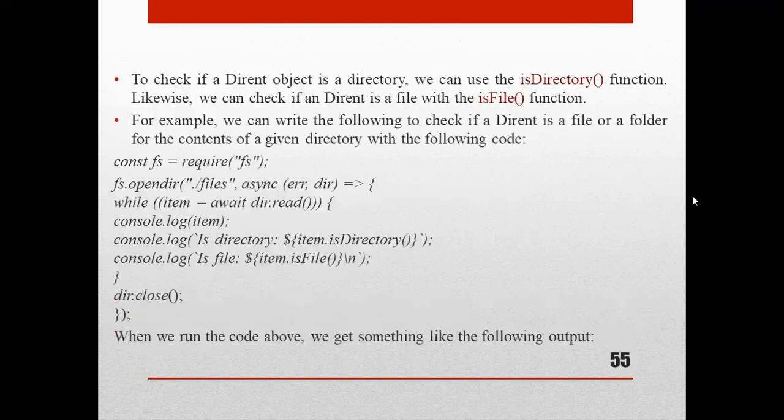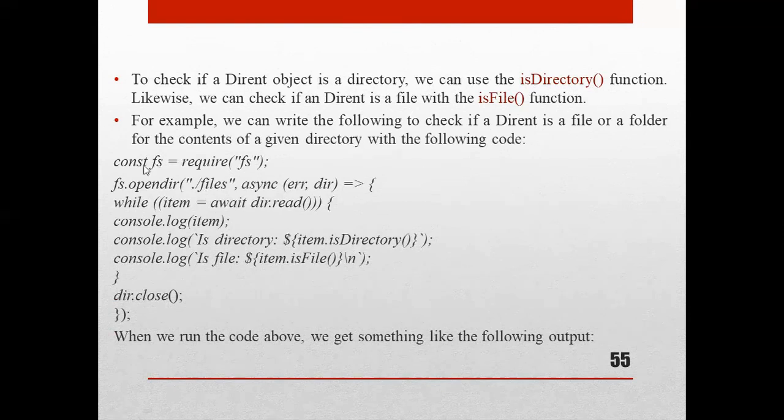To check if a dirent object is a directory, we can use the isDirectory function, and to check that the current item is a file, the isFile function is there. Here you can see the example of how to check whether the current dirent is a file or directory.